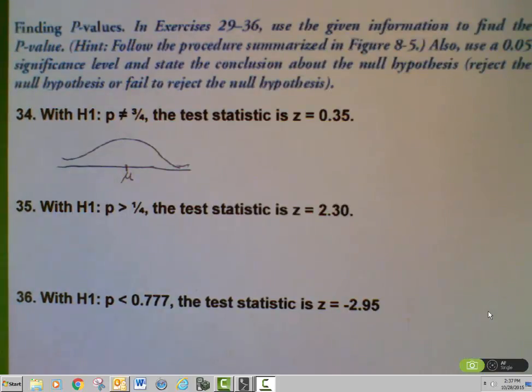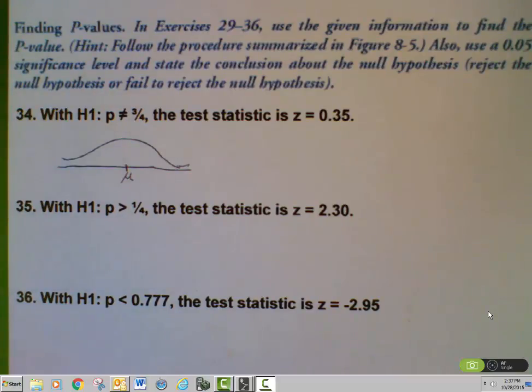All right, let's do a few examples on finding p-values and using them to state the initial conclusion, either reject the null hypothesis or fail to reject the null hypothesis. After today, we're going to use the calculator to find p-values, but today we're going to make sure you understand what a p-value is as it represents area.